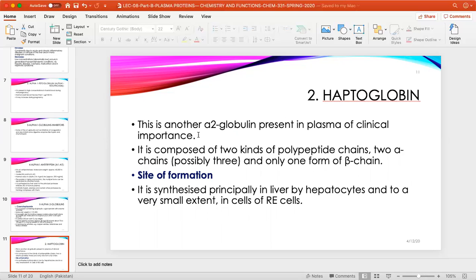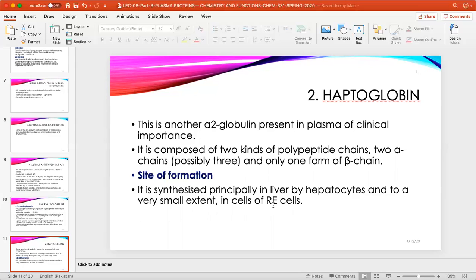It is composed of 2 kinds of polypeptide chains, 2 alpha chains, possibly 3, and only 1 form of beta chain. Site of formation है, normally it is synthesized principally in the liver by hepatocytes, and to a very small extent in the RE cells.